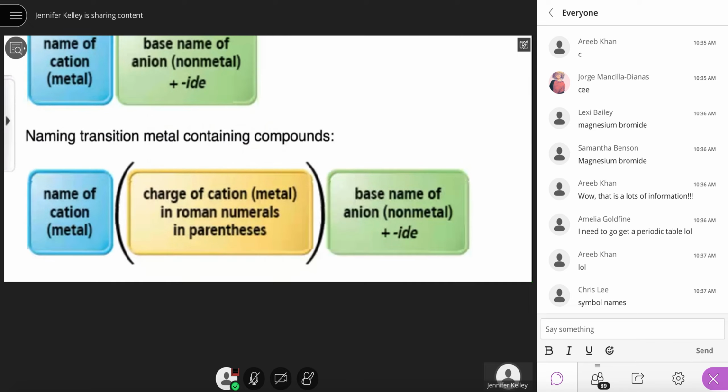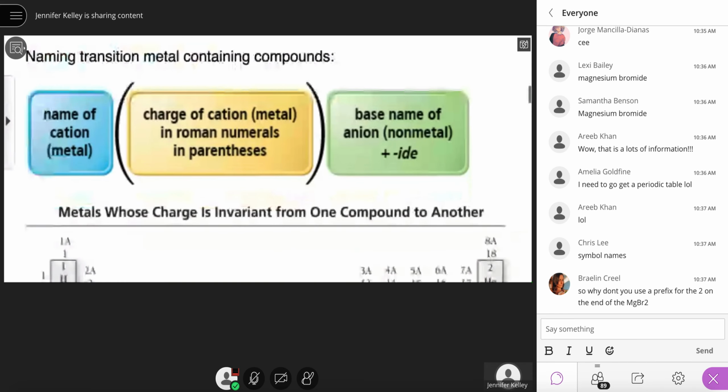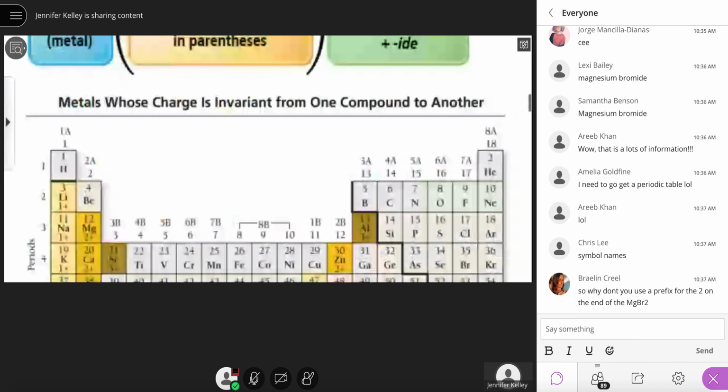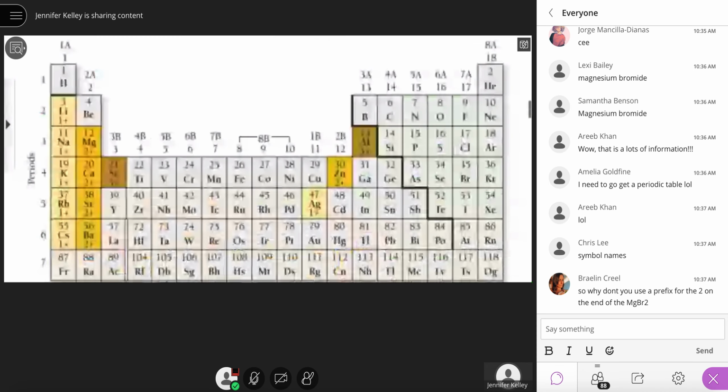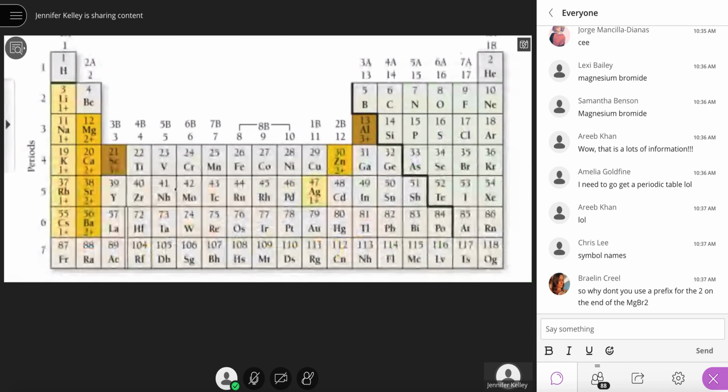And then here's the periodic table that he was showing you in the video. It shows you all the different charges of the things that are constant. The only thing that's not mentioned in this periodic table that is important is that tin and lead, so Sn and Pb, both make more than one charge, so they would need Roman numerals.